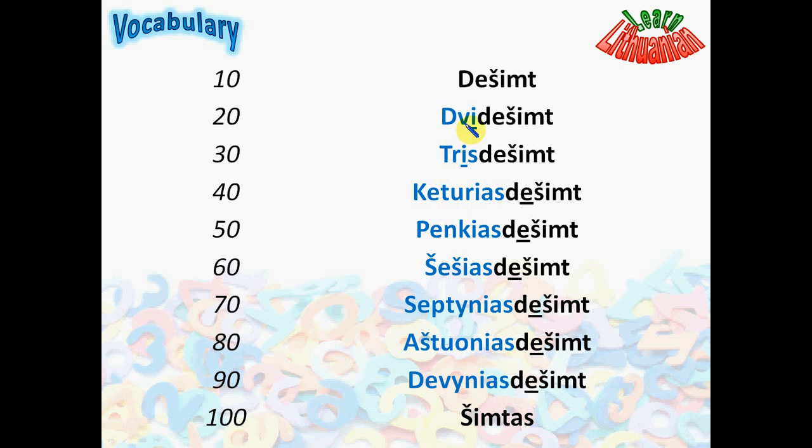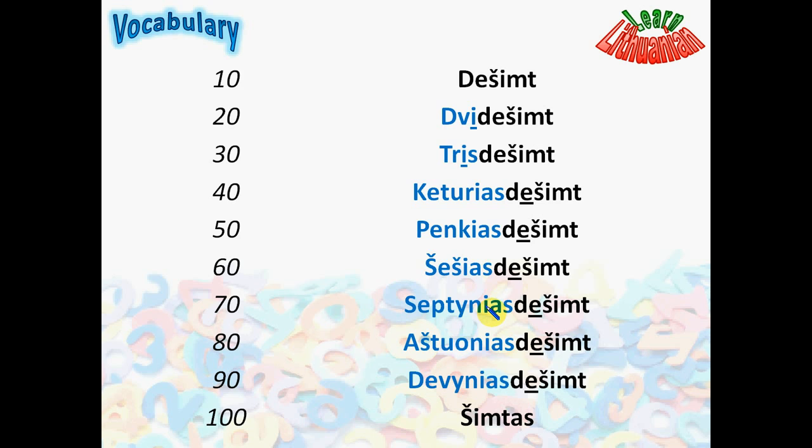You see that 2, 3, 4, 5, 6, 7, 8, 9 are not the simple numbers. These are feminine accusative numbers. Remember the feminine numbers 2, 3, 4, 5, 6, 7 and so on. These are feminine numbers for feminine nouns.